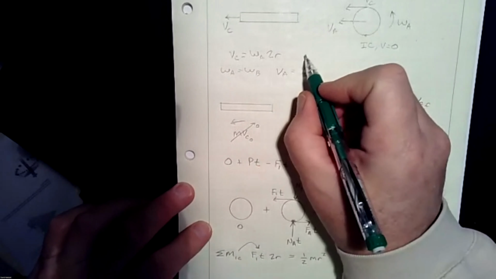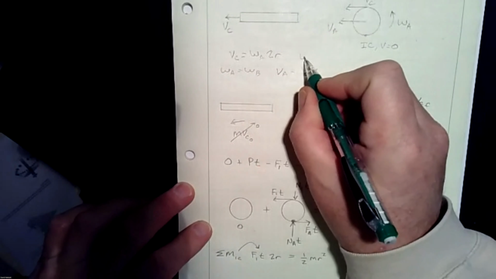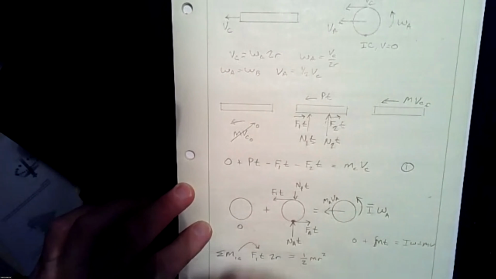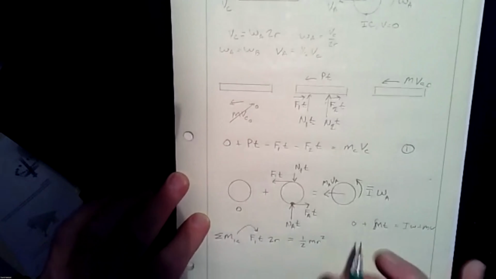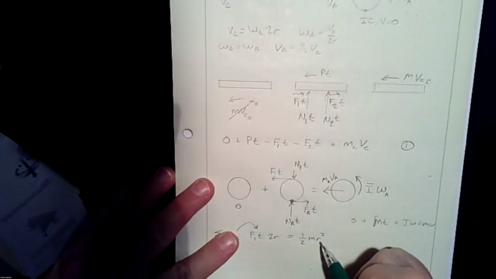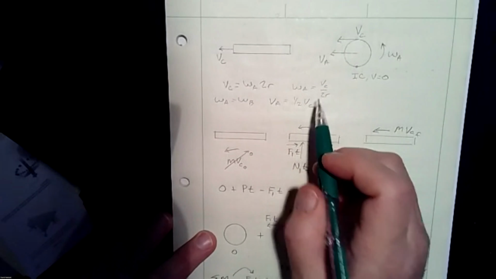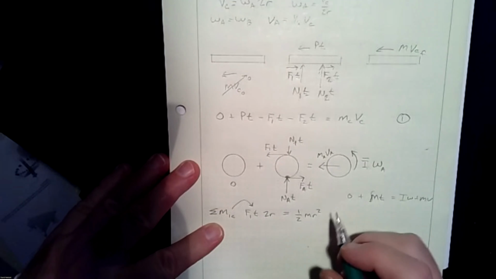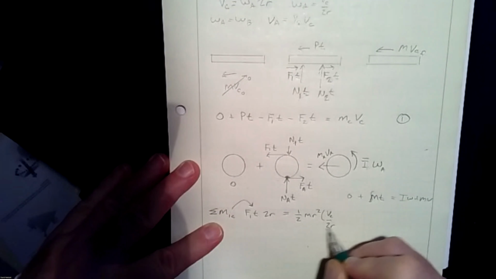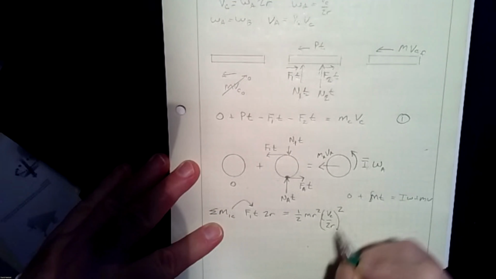So we can also write that omega A equals VC over 2R. So instead of having omega down here, we're going to put in VC over 2R. So mr squared VC over 2R squared.